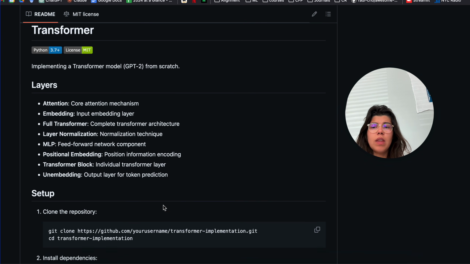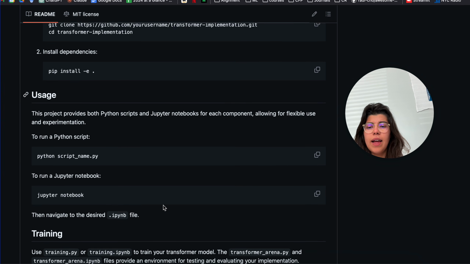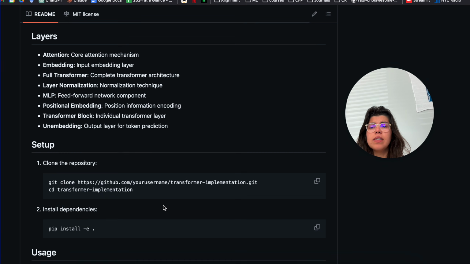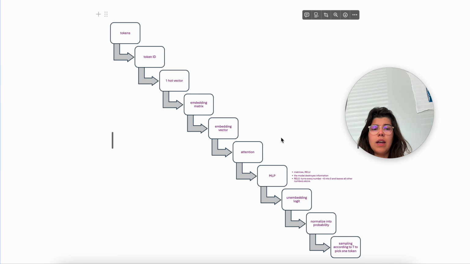So this is what it would look like if you were to code this system from scratch. And feel free to let me know, or I will also put in the comments in the description section, how you would engineer a model like this from scratch.